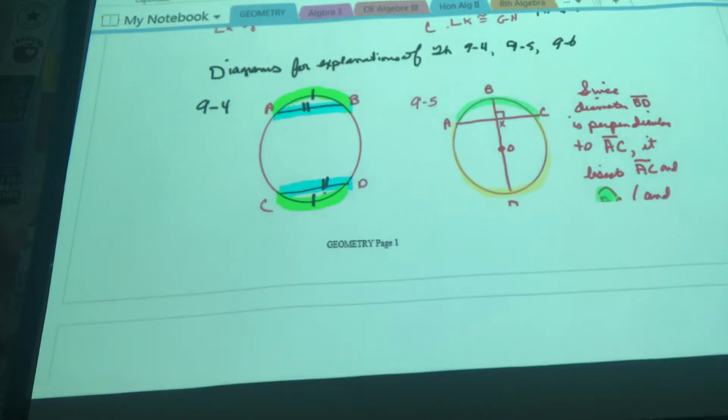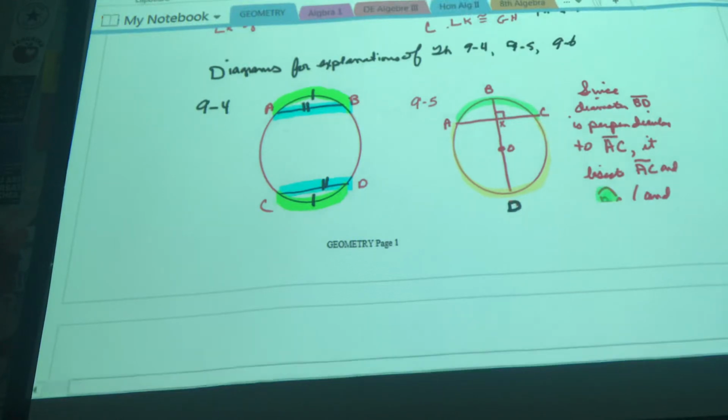If the chords are congruent, then the arcs will be congruent as well. To the right of that, since we have diameter BD, which also contains radius BO, and part of that radius is segment XO, each of those is perpendicular to chord AC. According to Theorem 9.5, a diameter that's perpendicular to the chord bisects the chord and its arc.